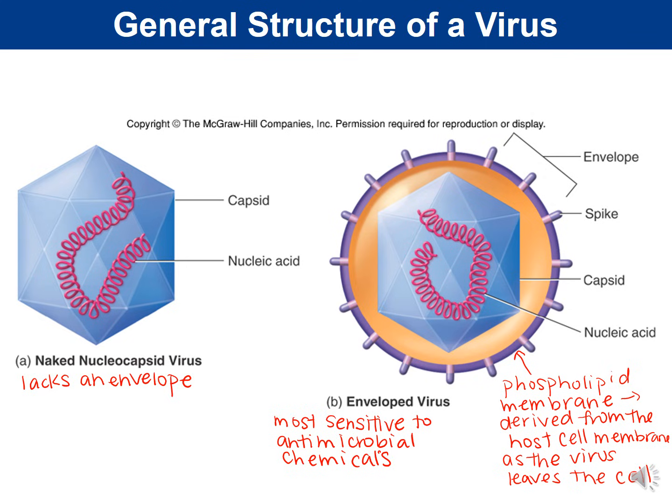And so these enveloped viruses are much more sensitive to the antimicrobial chemicals. Some examples of enveloped viruses would be influenza virus, which you can guess causes the flu, and varicella virus, which causes chickenpox, etc.